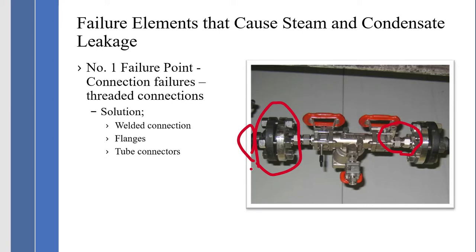Because they are guaranteed not to leak. Flanges will not leak if they're properly installed. And of course, welded connections, if the weld is done by a certified welder, we have no leak problem. So today we want to stay totally away from threaded connections and use weld, flange, or tube connectors.